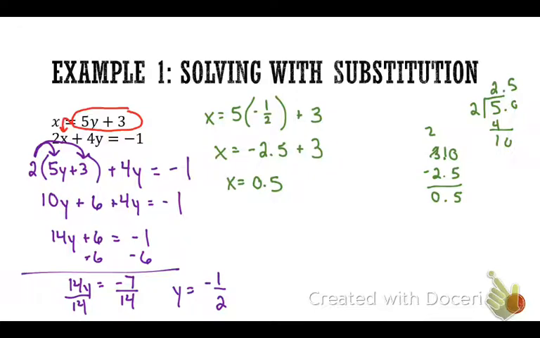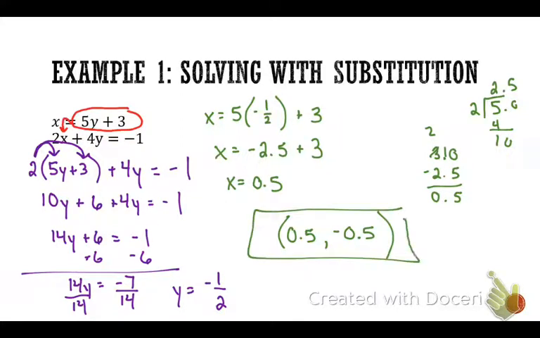Now we put that together, 0.5 and negative 0.5, or if you said 1/2 over 1/2, it's totally fine. Now that's about as difficult as you're going to see it, and I'll be honest with you, you don't have decimals on your test, but just in case it shows up on your homework, it's the same process.